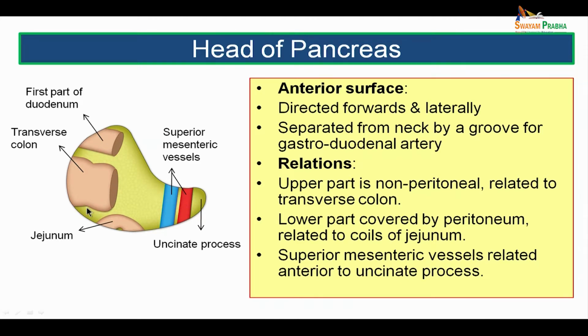The lower part of the head is covered by peritoneum and is related to the coils of jejunum, whereas the anterior surface of the uncinate process is related to the superior mesenteric vessels.